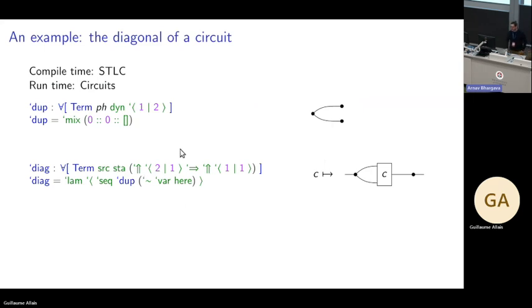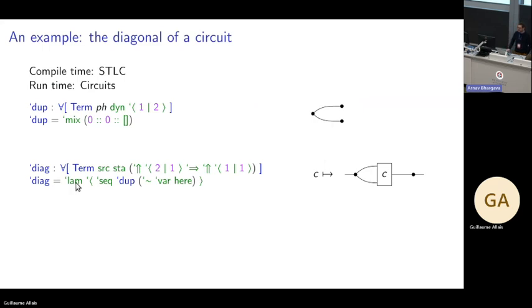The types of circuits that we have here are runtime, but because we're manipulating them in an abstract manner, we're saying, well, I'm talking about the code for a circuit. I don't really know what the circuit is. I'm not going to inspect it. I'm just going to plug it somewhere. And if we look at this definition here, it's using nameless syntax, but we can see what the general structure is.